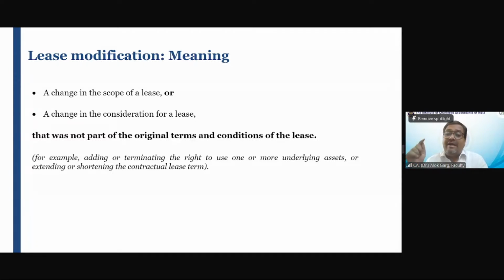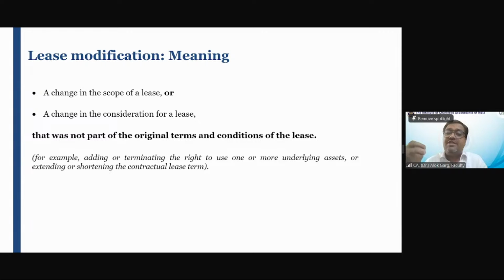While there is a change in the consideration of the lease every year, it is already part of the original terms and conditions of the lease contract, right? Sitting today on the commencement date, when the company has entered into a contract, the company is aware that my lease rental will escalate by 10% every year.